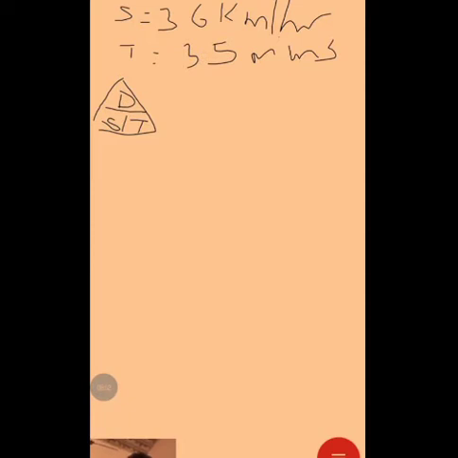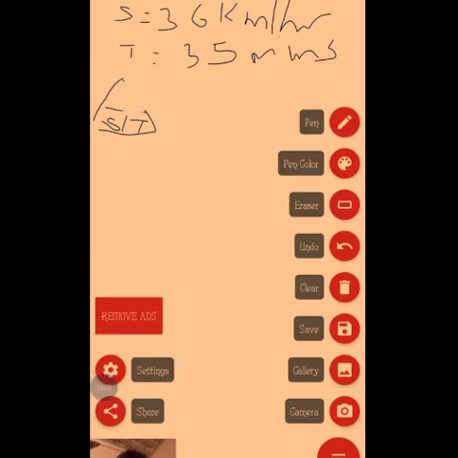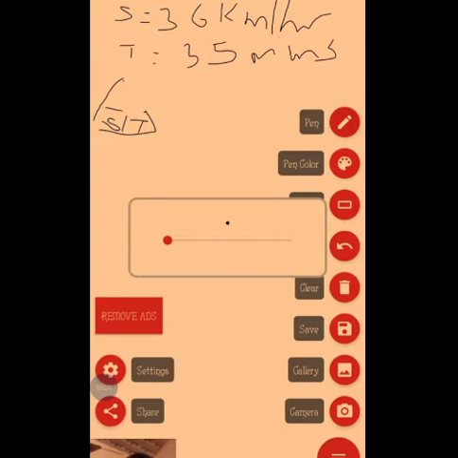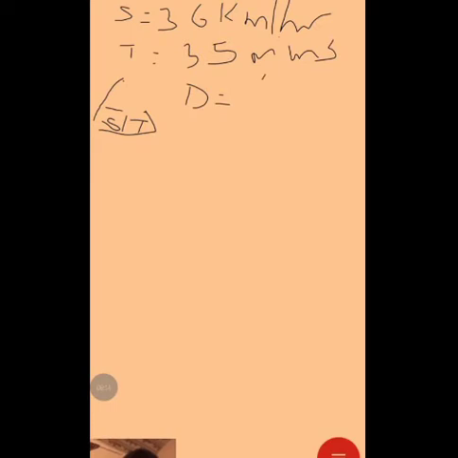Distance. Very good. So I'm going to use my eraser here to erase D in the middle. Now, that means I have only S and T. So what do we do with S and T? That means we multiply. So distance, which is missing, is equal to speed times time.